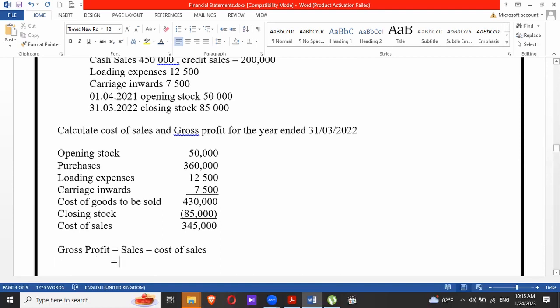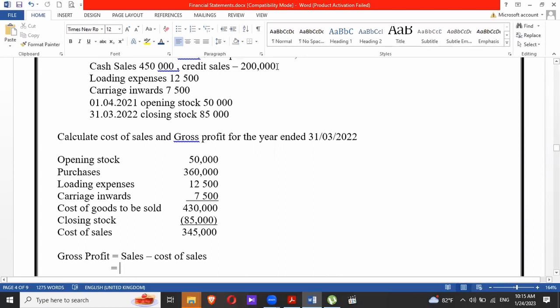Sales value, total sales. Here sales are given as two figures, cash sales and credit sales. Look at this, cash sales and credit sales separately given, right? But you can add and take it as a single figure.